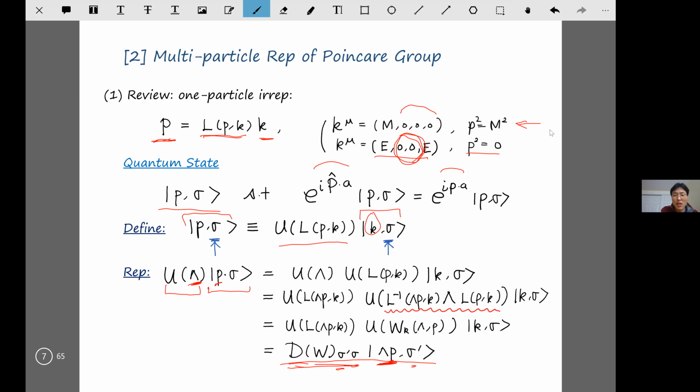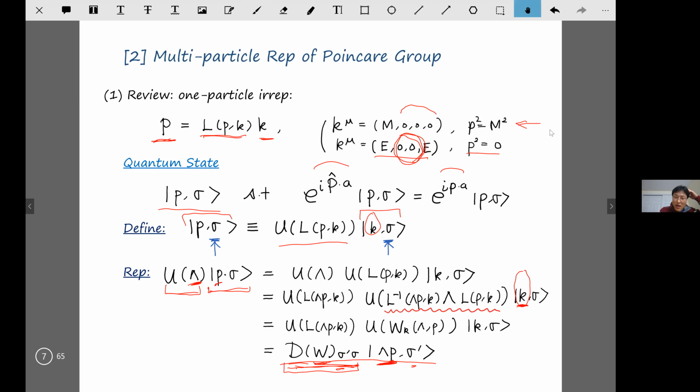But I should say that this Wigner rotation is nothing but a rotation or transformation that leaves k invariant. In other words, under arbitrary Lorentz transformation, a one particle state transforms under a little group transformation. Again, a little group transformation is what leaves the standard momentum invariant.